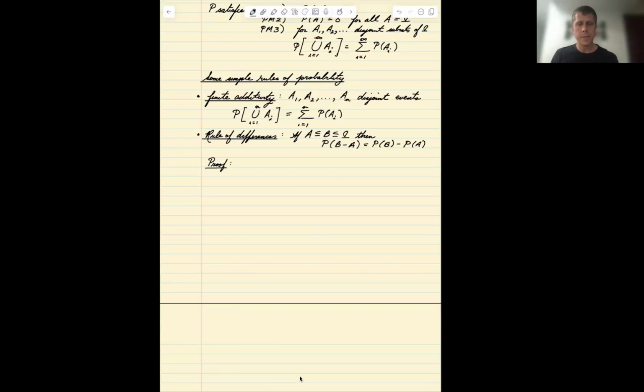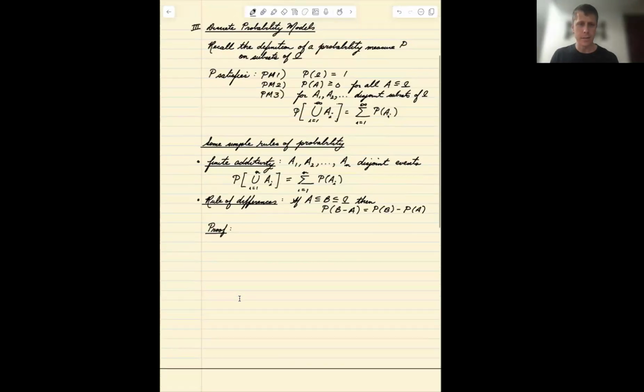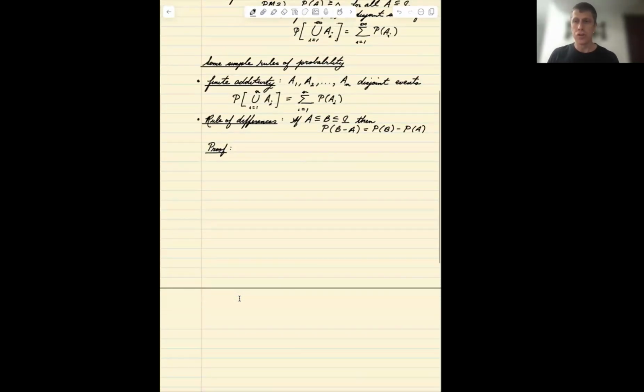And if you did, here's how to do it. Essentially what we want to do is always rewrite everything in a way that's going to allow us to apply these axioms. That's really kind of the trick as we continue to build upon them.